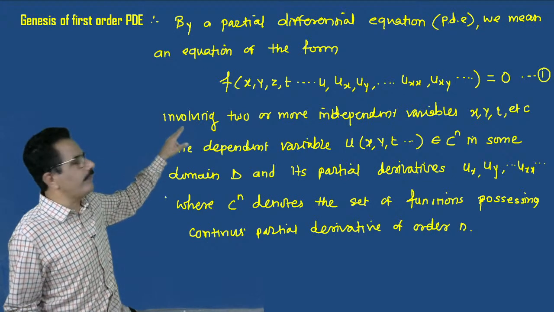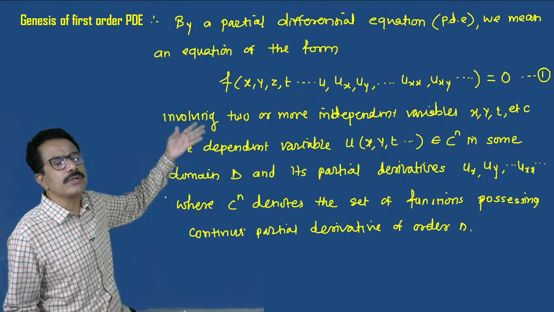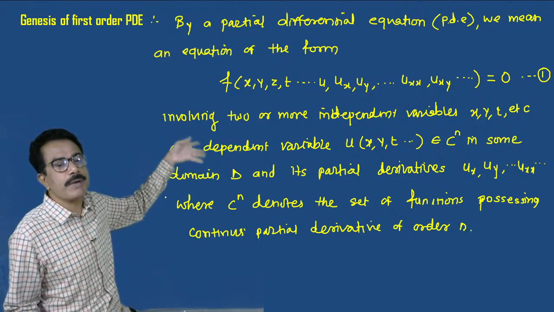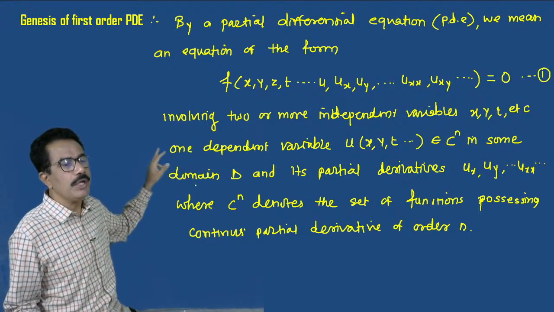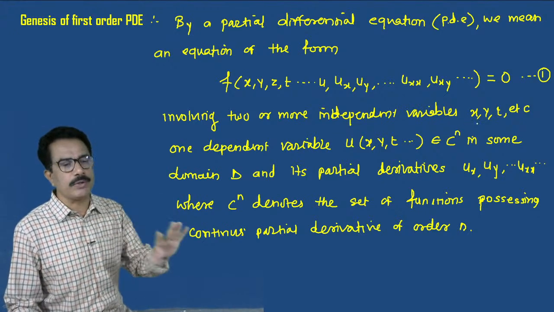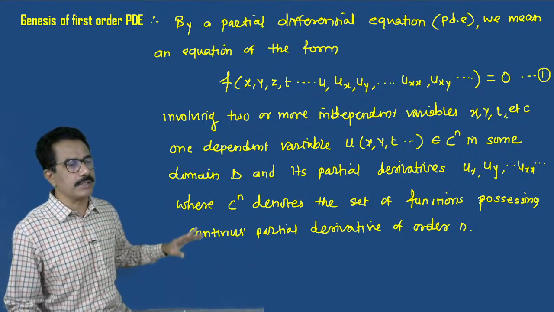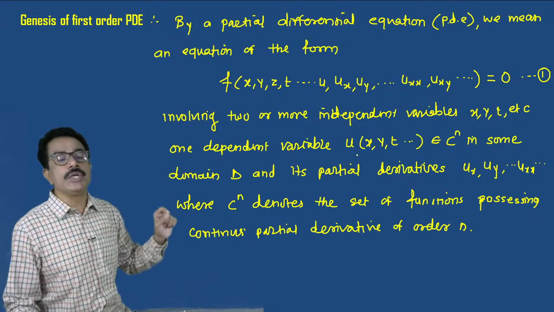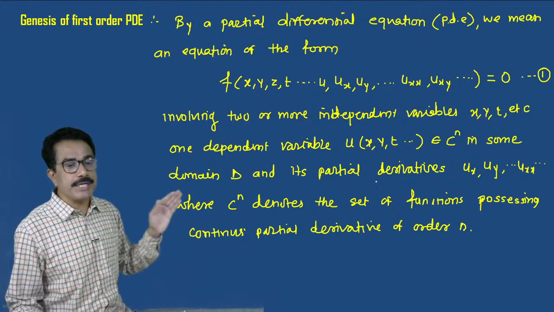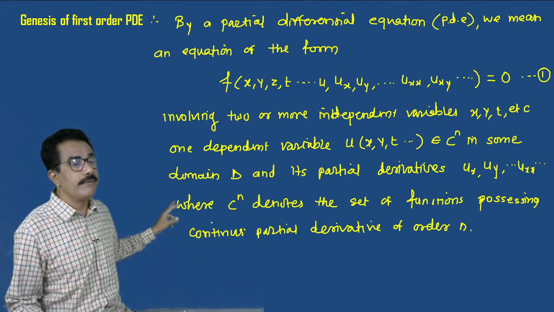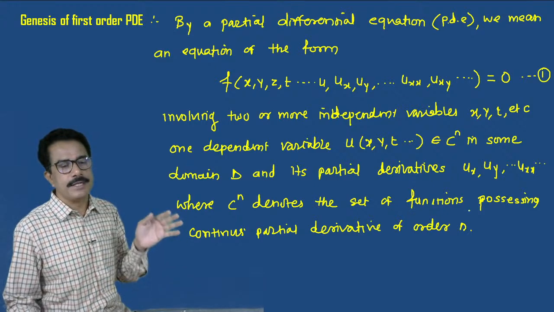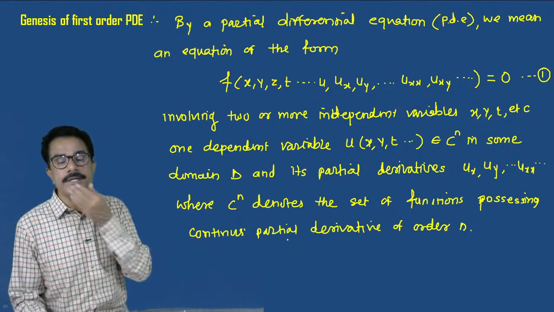An equation of the form f of x, y, z, t, ..., u, ux, uy, ..., uxx, uxy, uyy, whatever may be, is equal to 0, involving two or more independent variables x, y, t etc., one dependent variable u which belongs to C raised to n in some domain D, and the partial derivatives ux, uy, uxx etc., where C raised to n denotes the set of functions possessing continuous partial derivatives of order n.